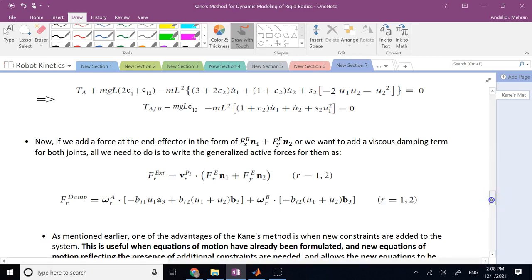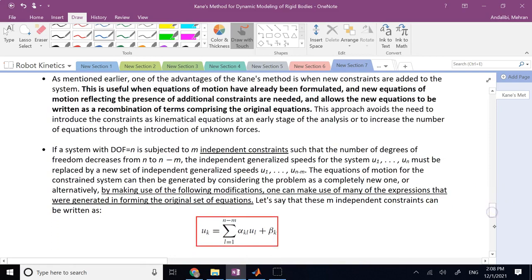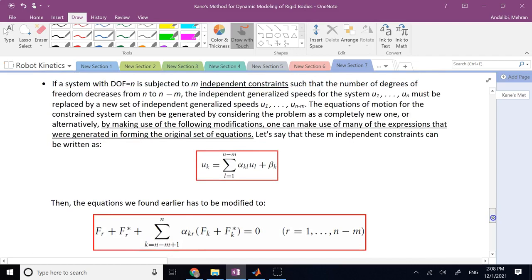That's all it is. Now, sometimes you do have to add something to your degrees of freedom or to your partial velocities. Sometimes your degrees of freedom are changed because you are applying a constraint. Okay, and again, this method is well capable of handling that.